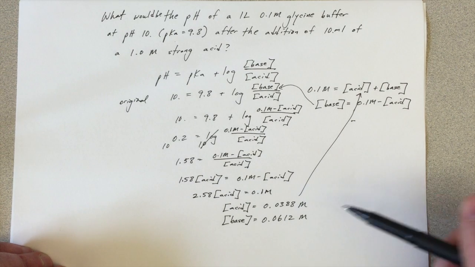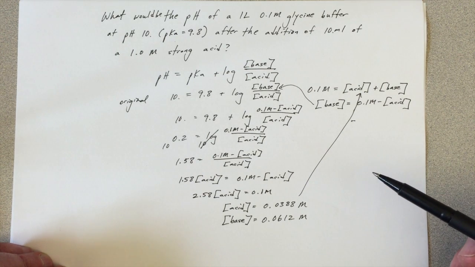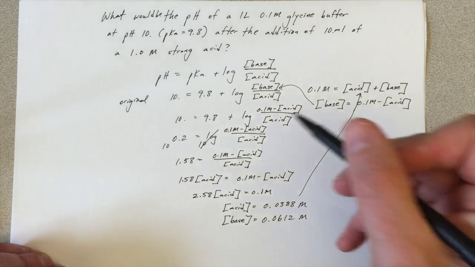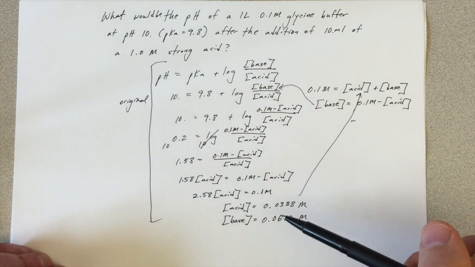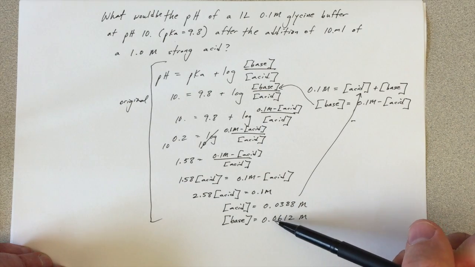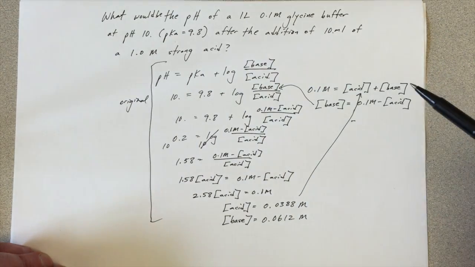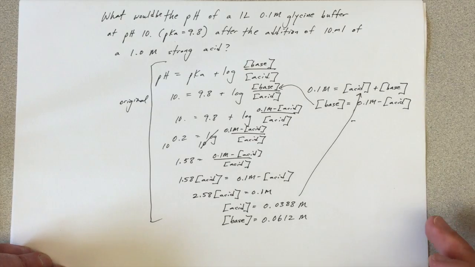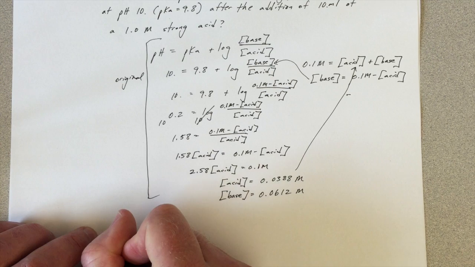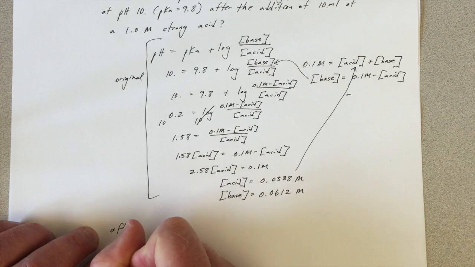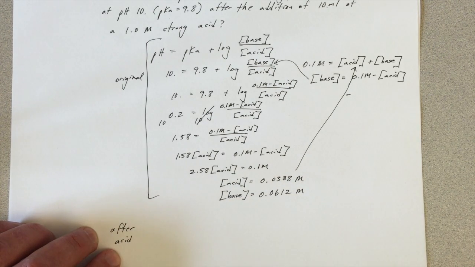So this seems pretty good. And really, I've described the original buffer pretty well. I know its pH, I know the concentration of both the acid and its conjugate base, I know the pKa, I've got it all good there. So let's see what happens after we add our acid.